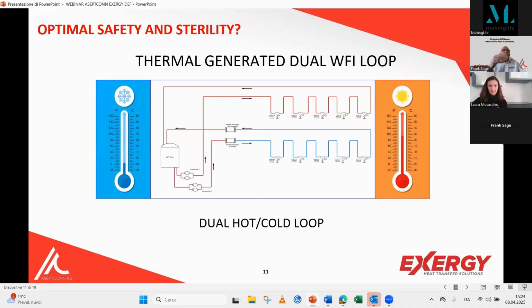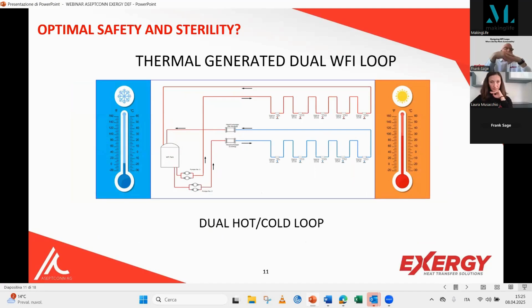Expensive. If you move on, we're looking now at thermal generated and a dual WFI loop. This design is quite common. So we have a cold loop and we have a hot loop.